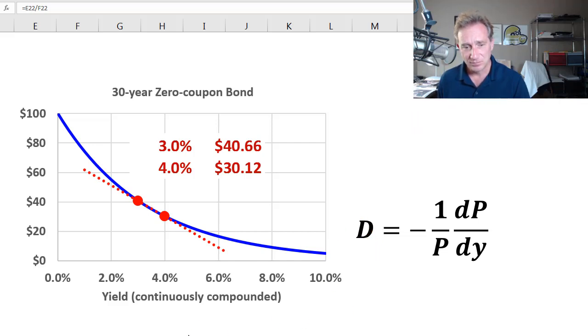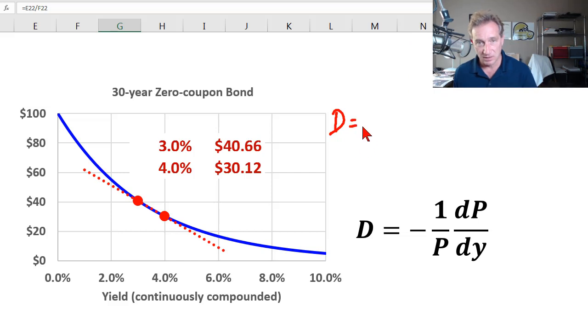And then secondly, the reason that I teach it this way is that our understanding is robust to the slightly different versions of effective duration that we sometimes encounter. So typically we'll see effective duration defined in a manner like this. We'll have negative 1 divided by the price, so that's going to be the division of the price here.